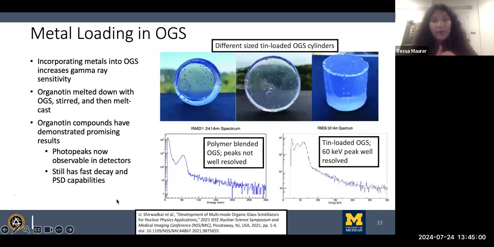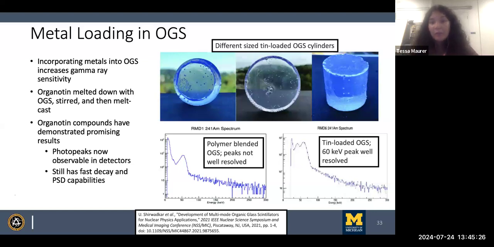Okay, another thing we can do is add metals into OGS. I've been saying over and over again that we don't get photopeaks with organic scintillators, but that's because the effective Z number is really low. But what if we added some metals that have a higher effective Z and thus increase our sensitivity to gamma rays?